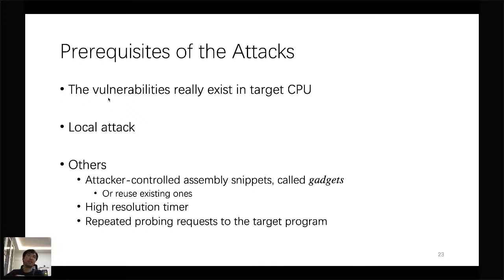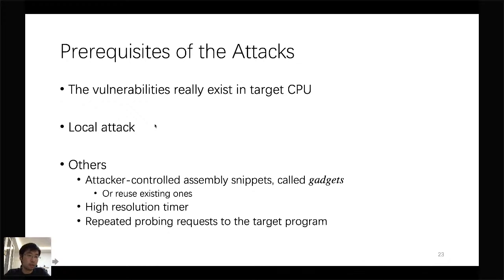Actually, there is no systematic research on the existence of such vulnerabilities in all the CPUs, because we don't know the details inside the CPU. This is only known by the manufacturer, for example, Intel. All the security researchers do is try their best to get as many CPUs as possible, take all of them as a black box and try it, and they report the vulnerabilities. So this is the first prerequisite.